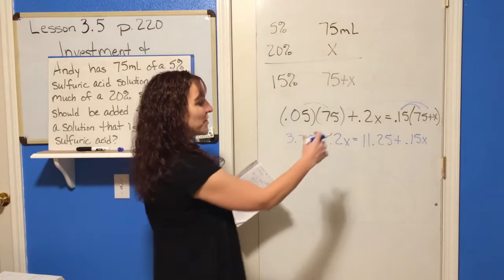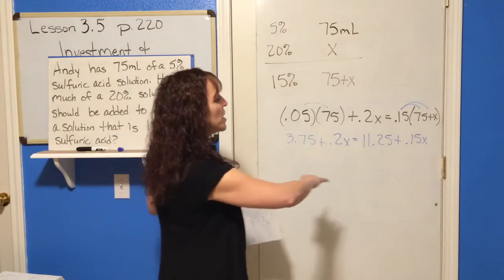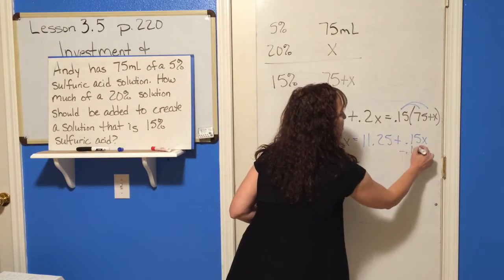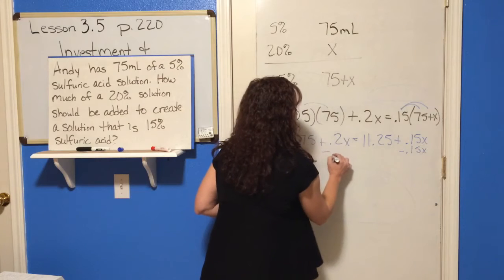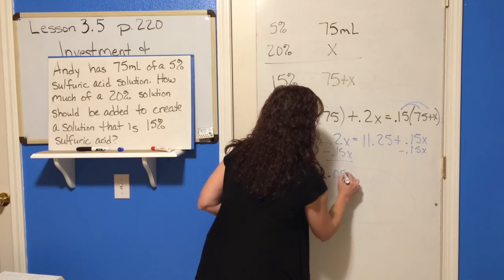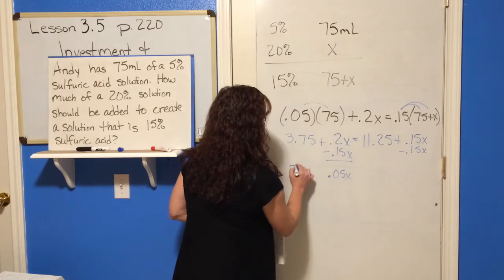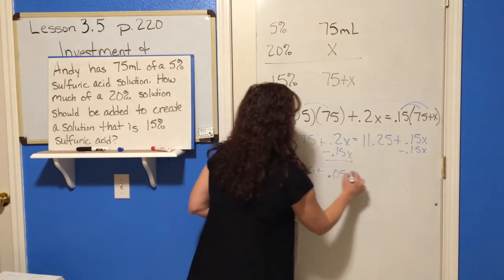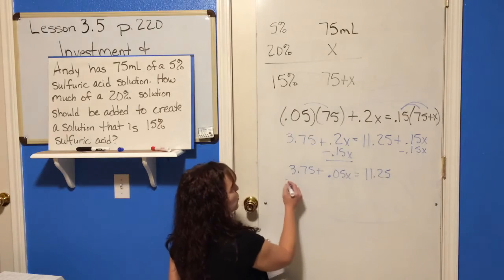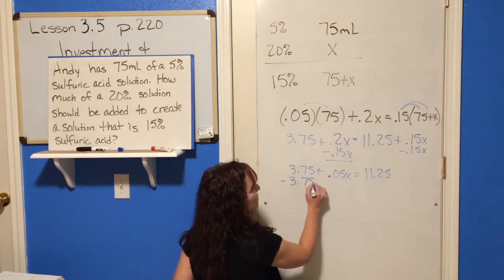Now it's a simple matter of getting the like terms together. So the x's, let's move the x's over to this side. So minus 0.15x. So we've got 0.05x on this side. And now we're going to subtract 3.75.